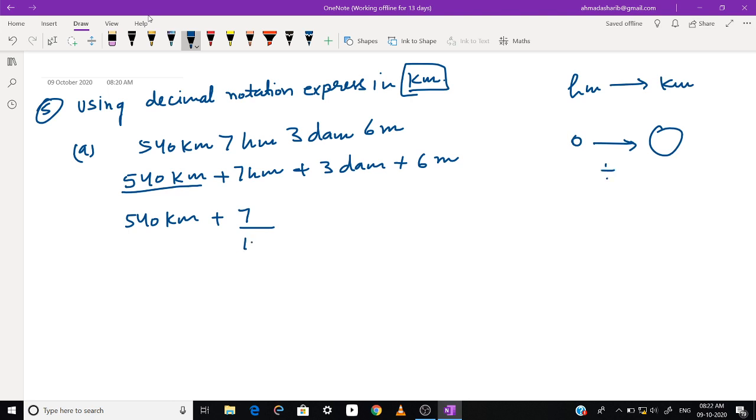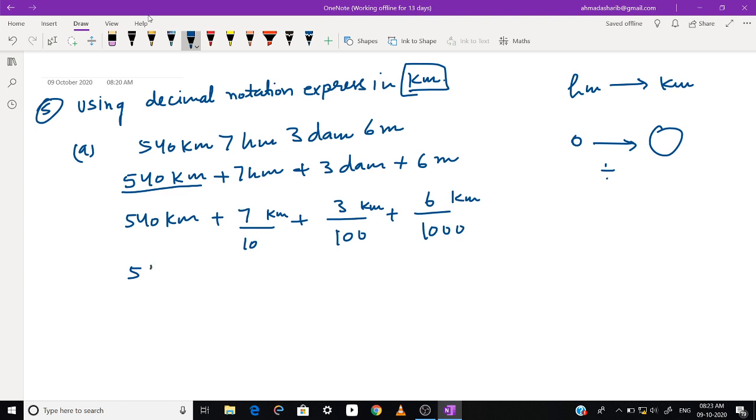So let us divide 7 by 10 and 3 by 100, because 1 kilometer is equal to 100 decameter. That is why we have to divide 3 by 100 and then 6 by 1000, because there are 1000 meters in 1 kilometer.